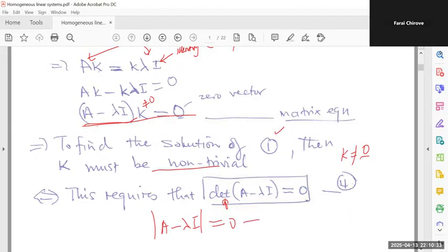We call this the characteristic equation. Its role is for us to find the unknown. A is known, given, and I is known as an identity, so it's given. What is not known are the lambdas. So this equation allows us to find the lambdas, or the eigenvalues of the coefficient matrix.